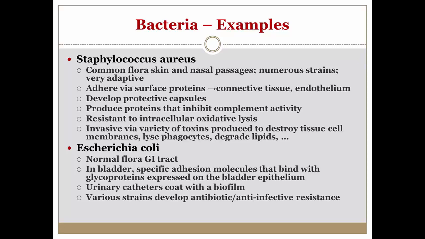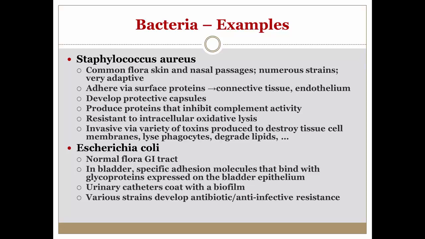So what about E. coli, Escherichia coli? Escherichia coli is a gram-negative bacterium and is a good example of how different bacteria like different environments in different parts of the body. So E. coli is part of our normal flora in the GI tract. It's part of our microbiome.